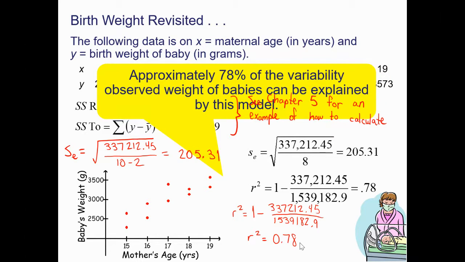And then for the R squared, that means approximately 78% of the variability in observed weight of babies can be explained by this model.